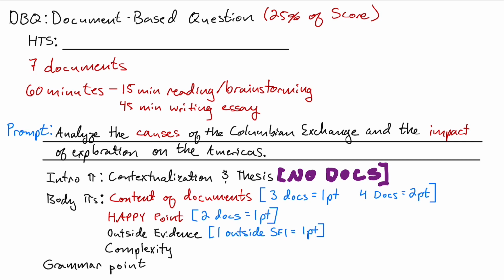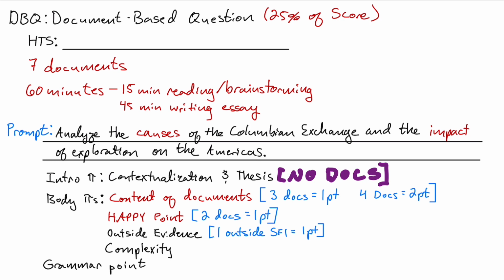To get 1 point on the DBQ rubric, you have to summarize 3 of the documents. Summary just means you read the document and you tell us what it was about, but without quoting the document.